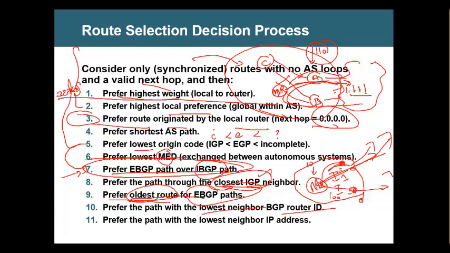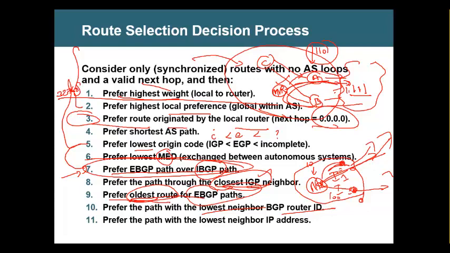Every router has a router ID. And because it is between the EBGPs, on the WAN everyone will have their own unique IP address on the interfaces, so the router ID cannot be the same.